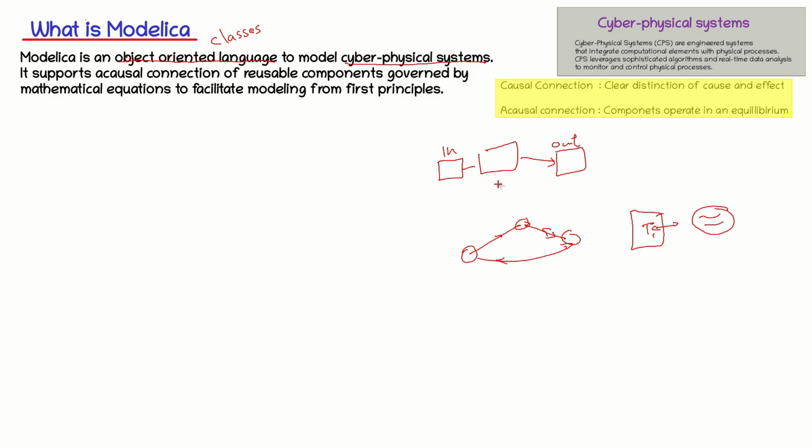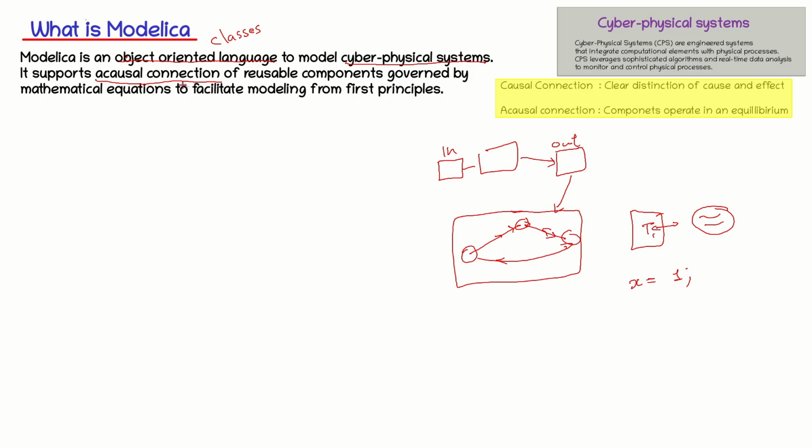Now in engineering simulations, it is very often that we will encounter situations where a physical system is controlled by a digital controller. It can be a car where your engine control unit is defining how the combustion should happen inside your engine. So Modelica uses acausal connections, which means these connections do not necessarily represent an assignment operator, like x is assigned the value of 1, that we do in a programming language.